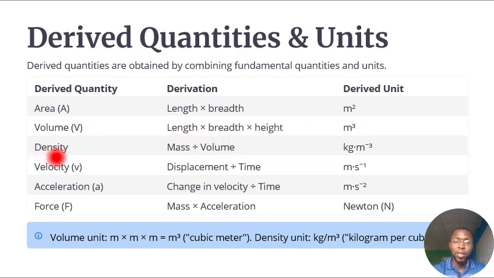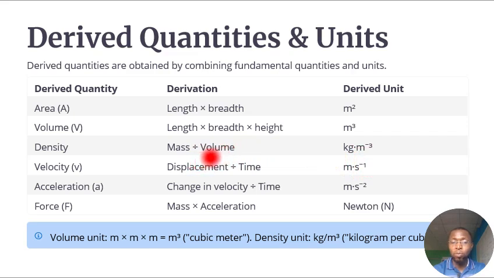Now for density, density is mass divided by volume. The unit of mass is kilogram. The unit of volume is meter cubed, as we could see here. So the unit of density is kilogram per meter cubed, because of the formula here.